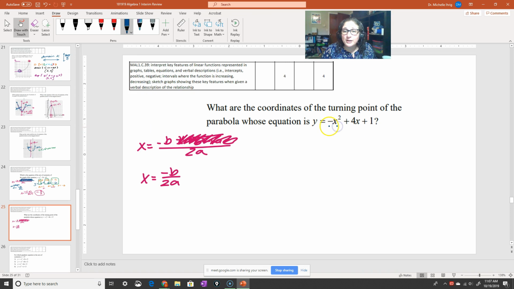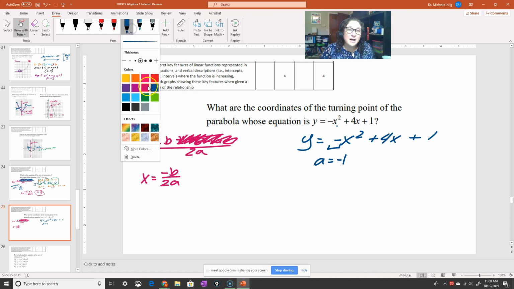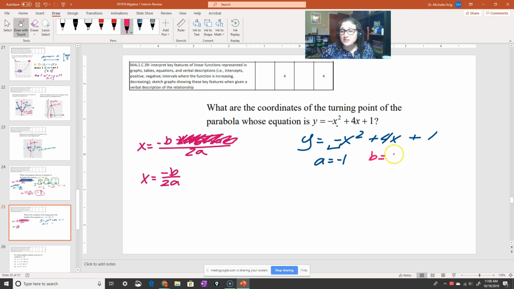Then we take our information from here. This says negative. Remember, there's a hidden 1. Let me spread this out so we have space. My A is -1. My B is +4. And my C is +1. So now all I do is plug it in.